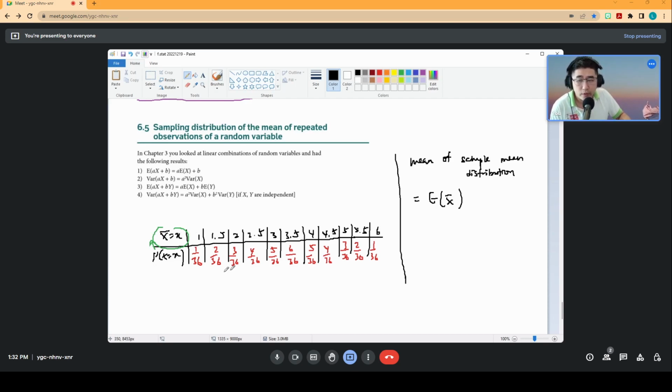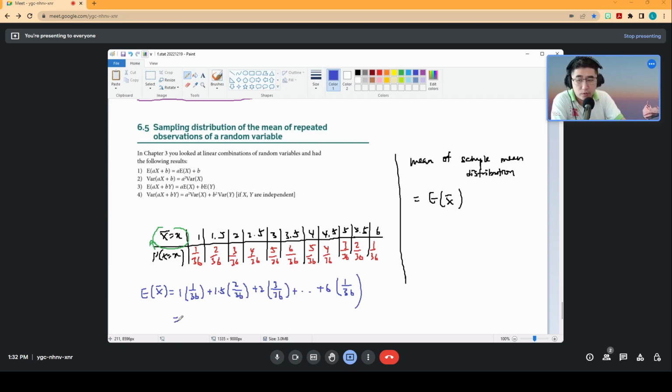So we want to find the average of this. Based on normal calculation, we will do expected value of bar x over here. We will do 1 times 1 over 36 plus 1.5 times 2 over 36 plus 2 times 3 over 36, all the way until 6 times 1 over 36. Let's see what is the value that we get.